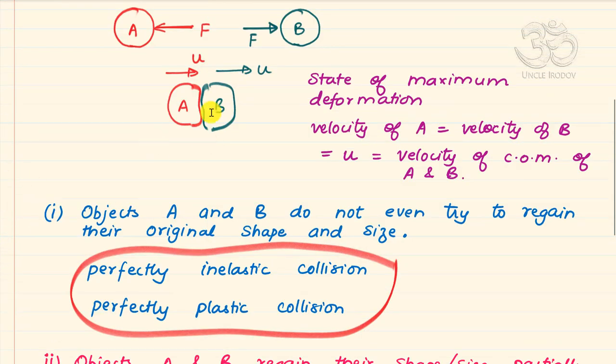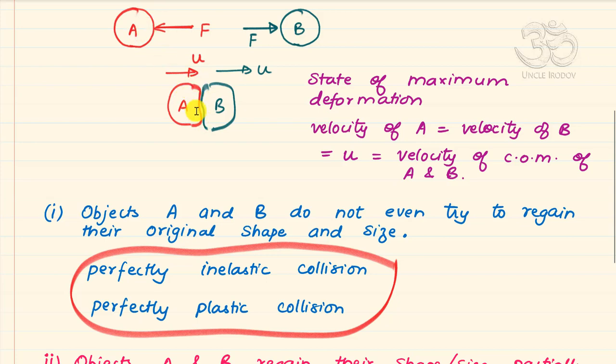So beyond this state, when A tries to regain its original shape, what it will try to do is it will try to push B further to the right. So until now it was applying a force on B to the right because it was moving faster than B. Now it is moving at the same velocity as B, so because of that there is no force by A on B, but there can be a force by A on B now because A wants to regain back its original shape and size.